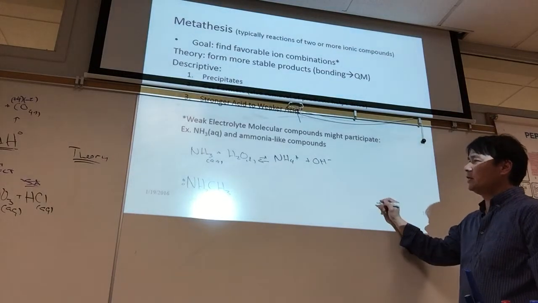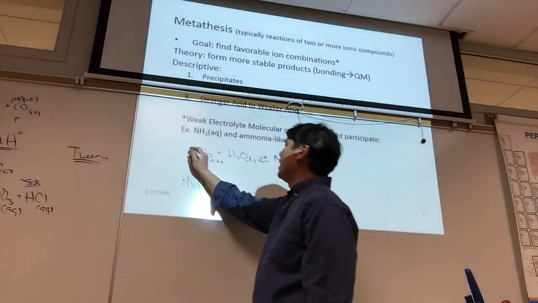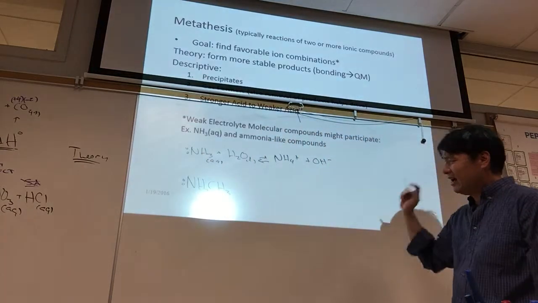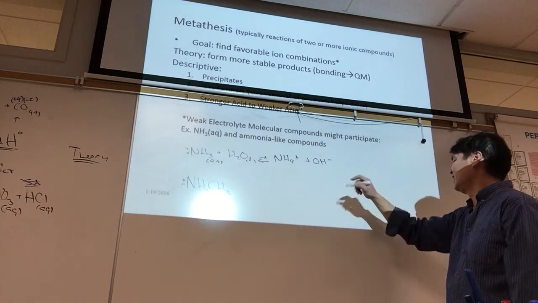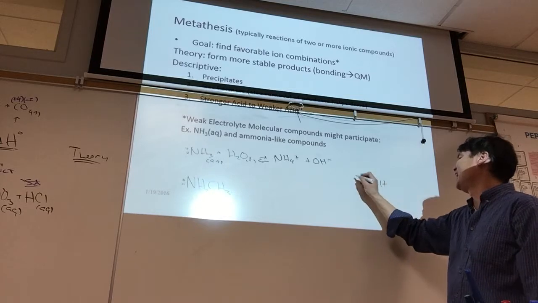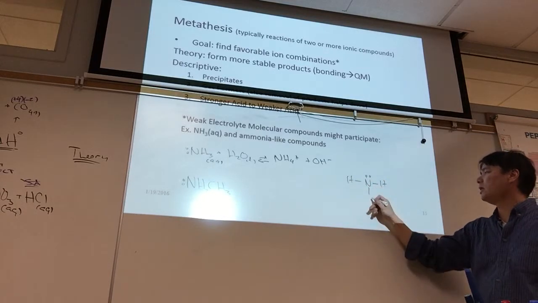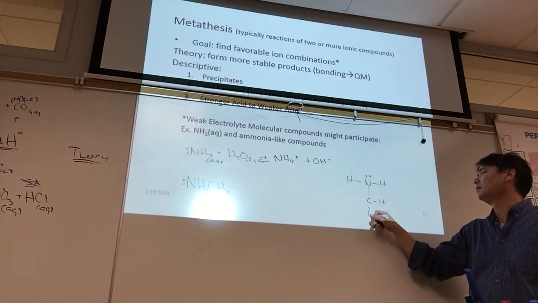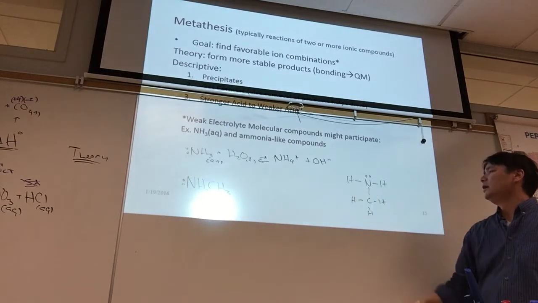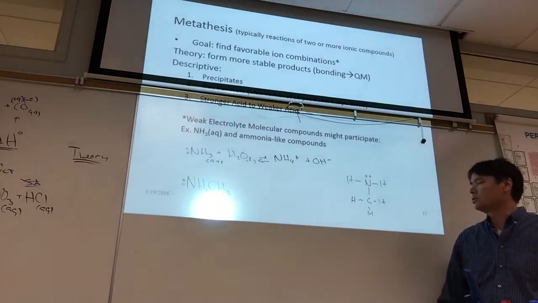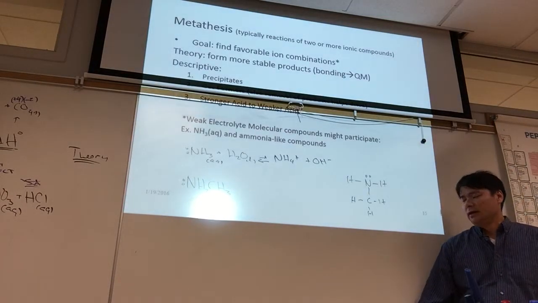Well, there are other things we think about when we're looking at this. In terms of structure, something like this is just like ammonia, except now we have a CH3 here. And so we're going to do more structural analysis of this.